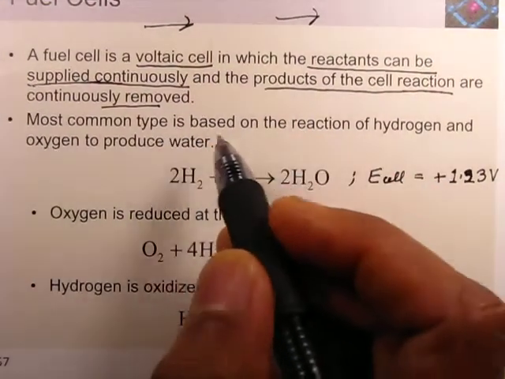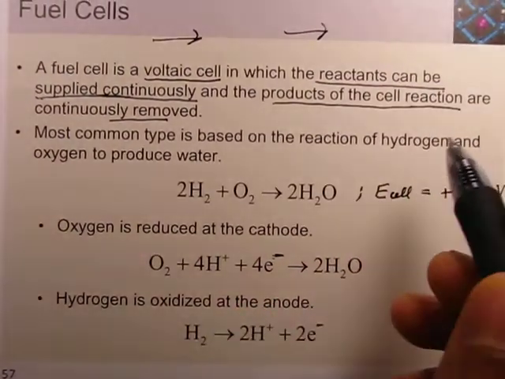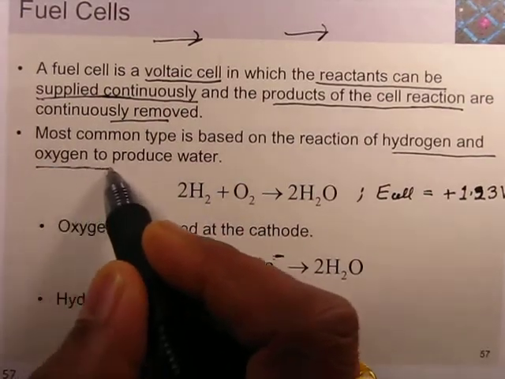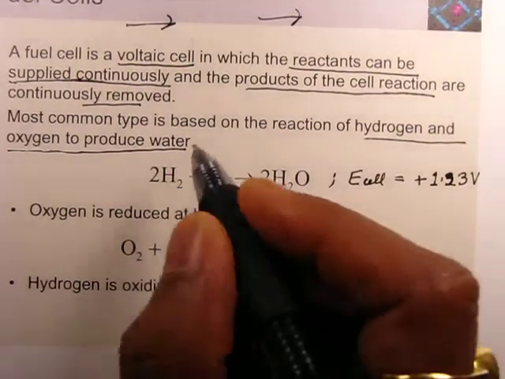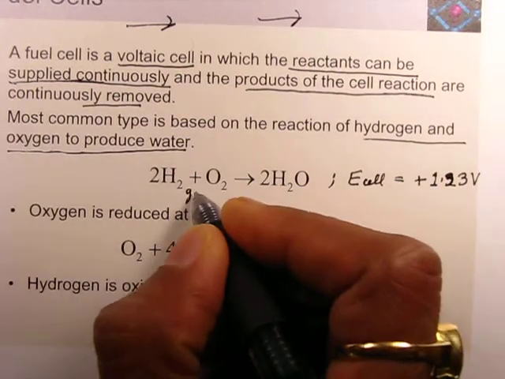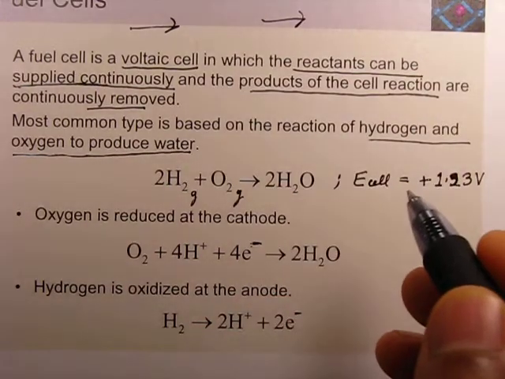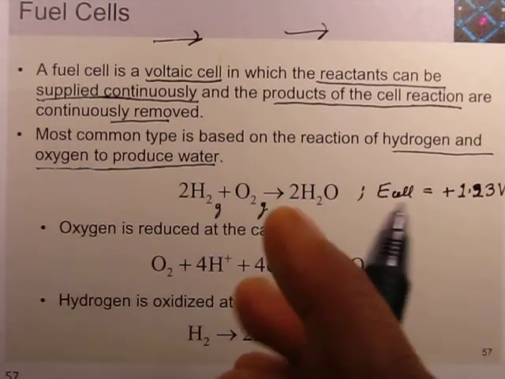The most common type of fuel cell uses hydrogen and oxygen gases to produce water. When hydrogen gas and oxygen gas are provided to produce water, it releases a lot of energy, and that energy is used as a battery.